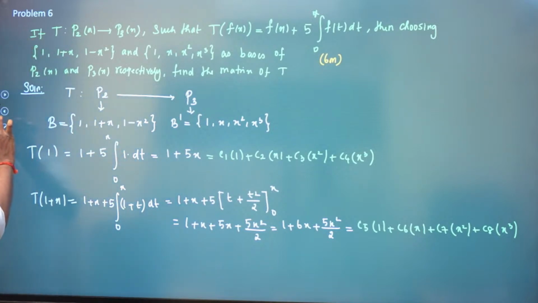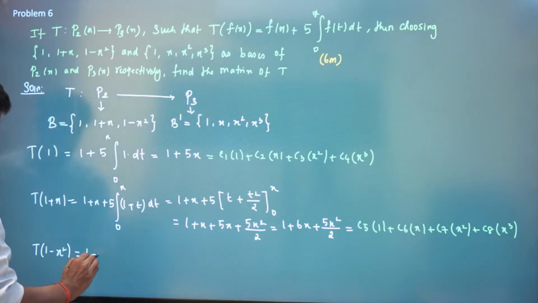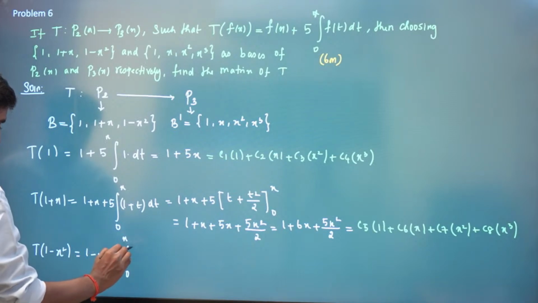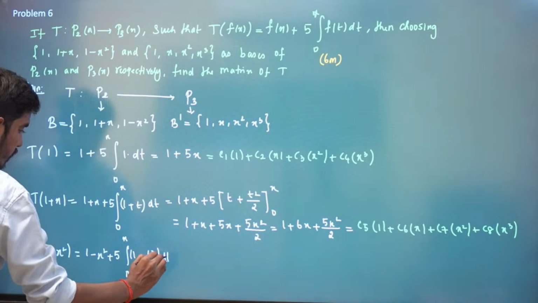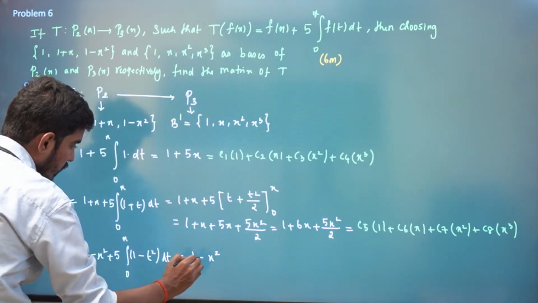Okay. Now we will find T of 1 minus x square. So f of x is 1 minus x square. So 1 minus x square plus 5 times integration of 0 to x of 1 minus t square dt. So this will be 1 minus x square.